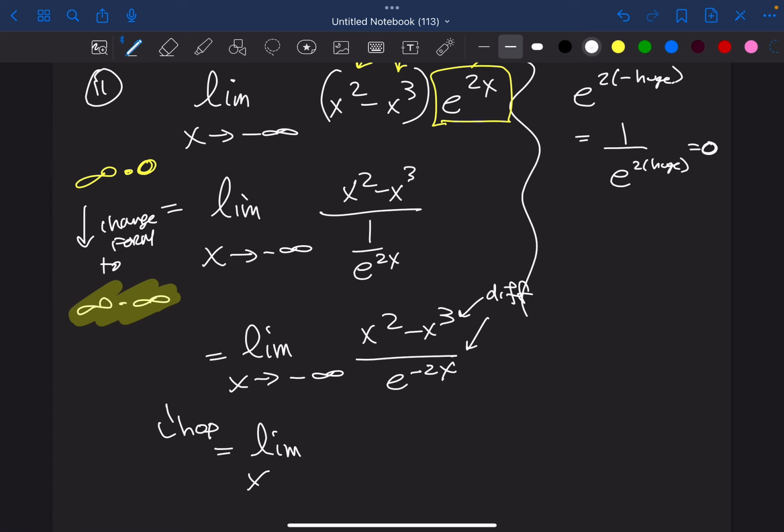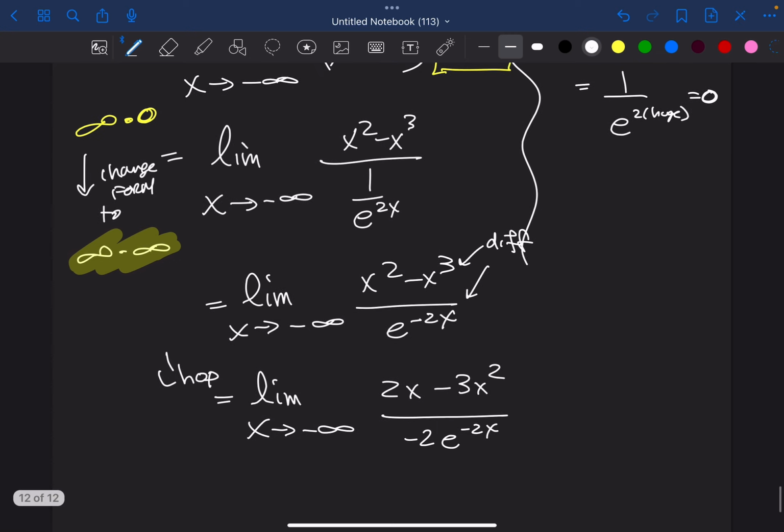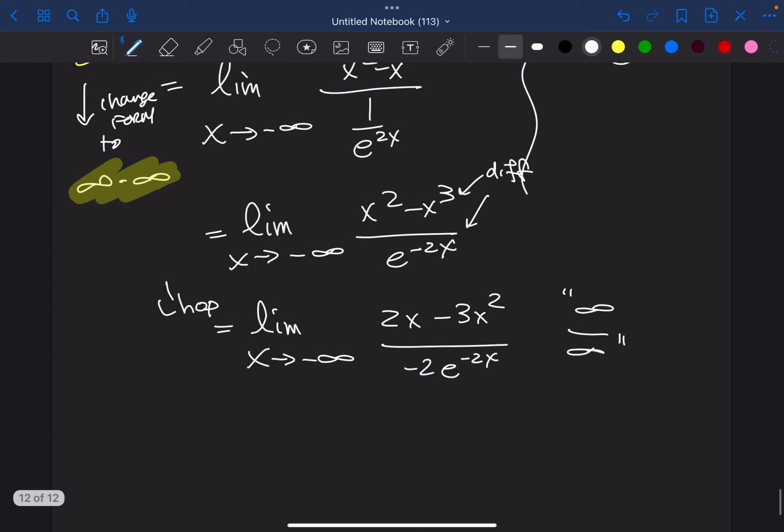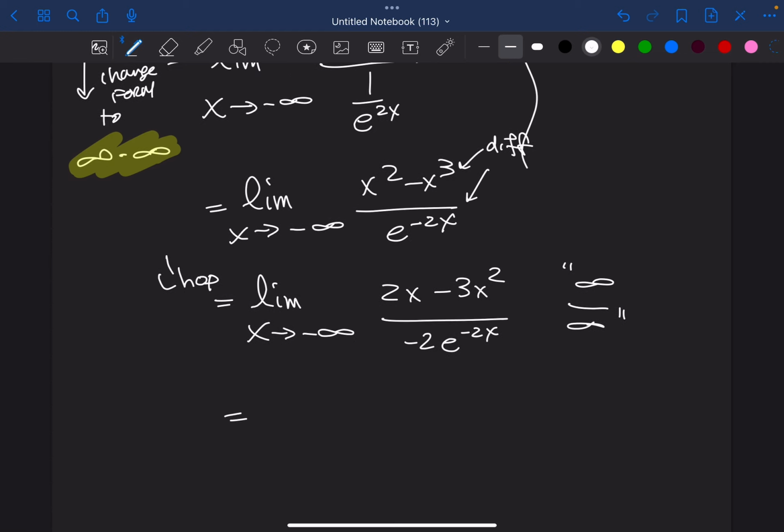So I take the limit as x goes to negative infinity of the derivative of the top, which gives me this minus this, over the derivative of the bottom, which gives me this. Unfortunately, it's still of the form infinity over infinity, so I have to take the derivative again.